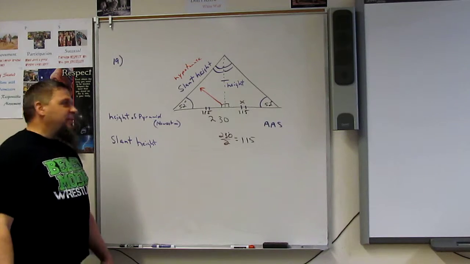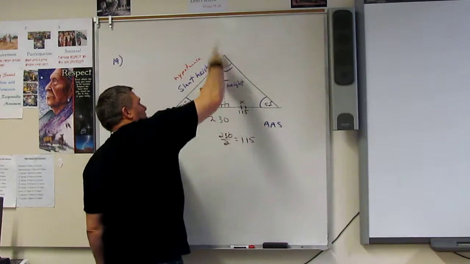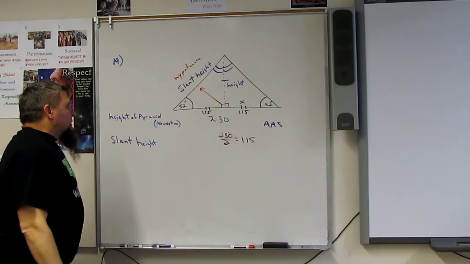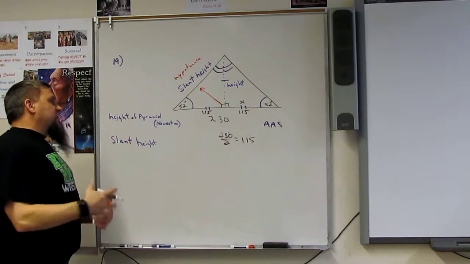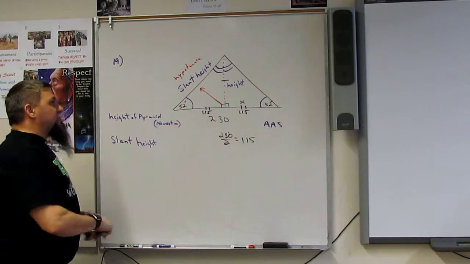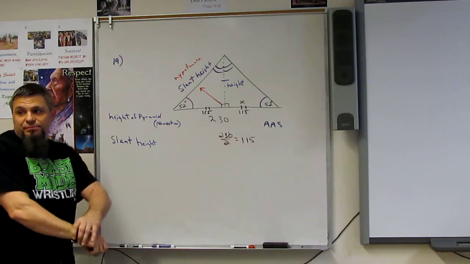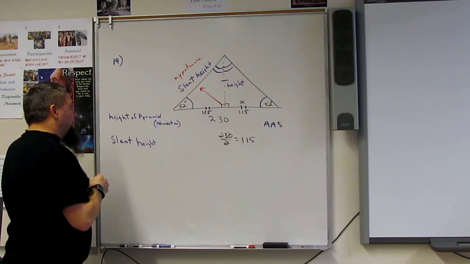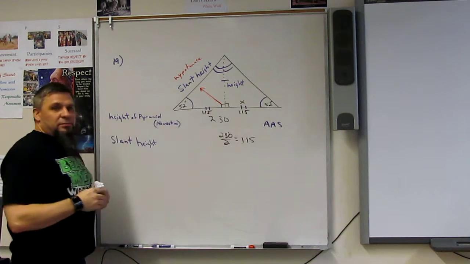Now I want to figure out what the height of this triangle is, or the side. Now I'm going to use SOH CAH TOA to figure it out. I have a degree.